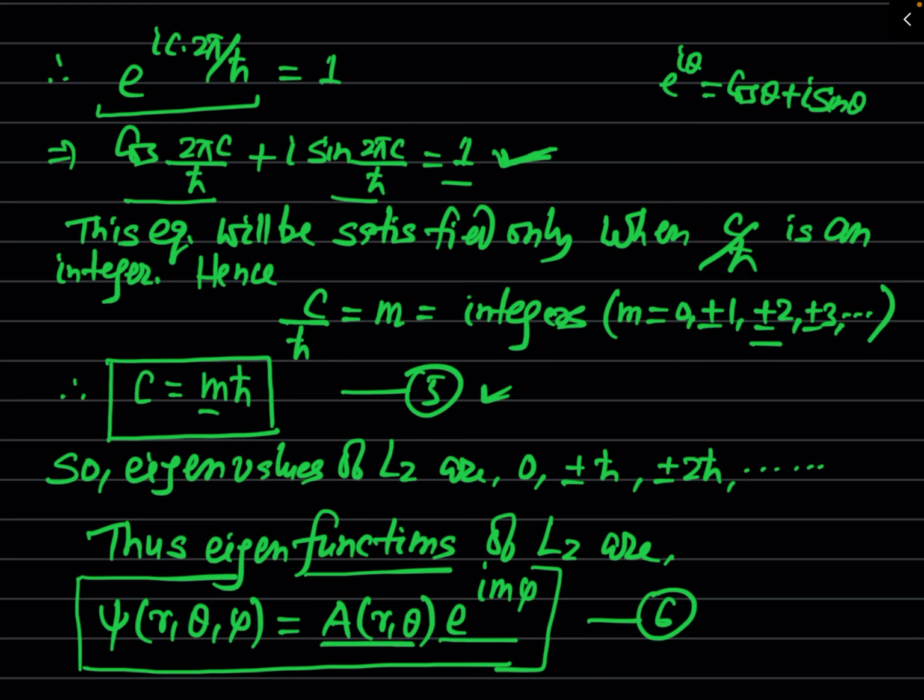Although e raised to the power im phi remains same, due to the various values of a r theta which we select, we will have different values of psi r theta phi. But for all those values of psi r theta phi, since m has been taken same, this eigenvalue will remain same. What does it mean?